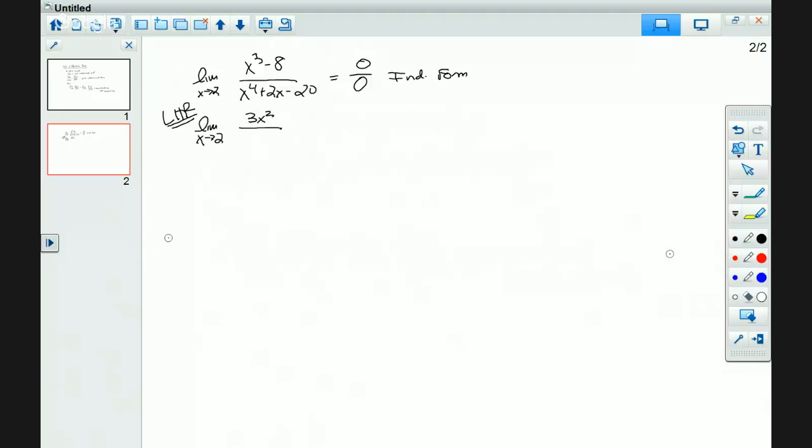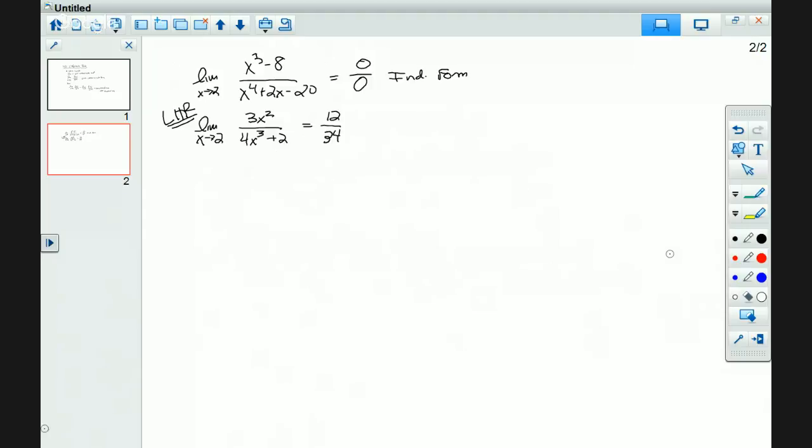And the bottom? Okay, now plug and chug again. So derivative of the top and the derivative of the bottom. There's your answer.